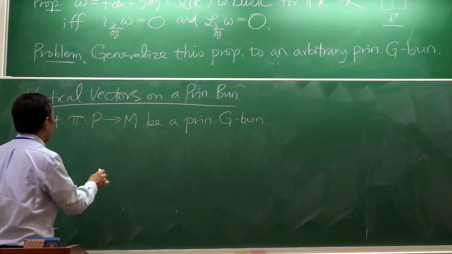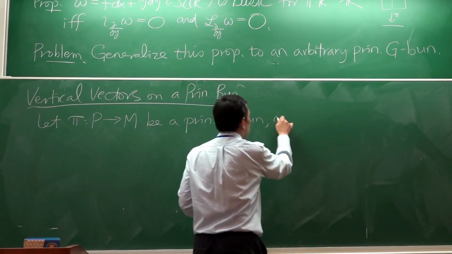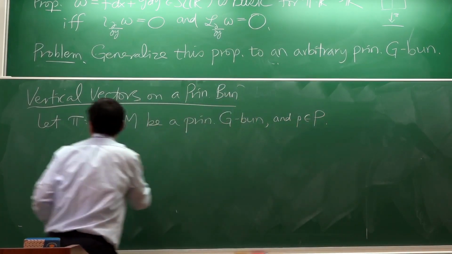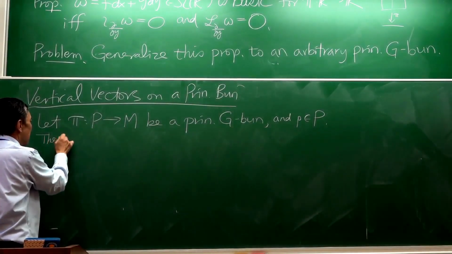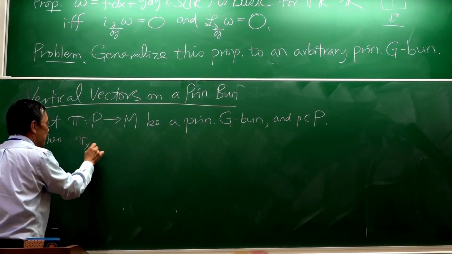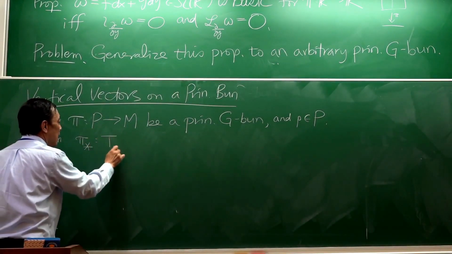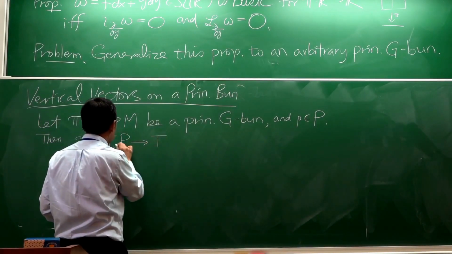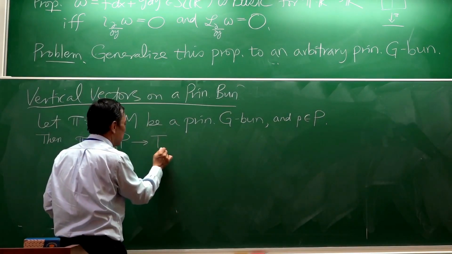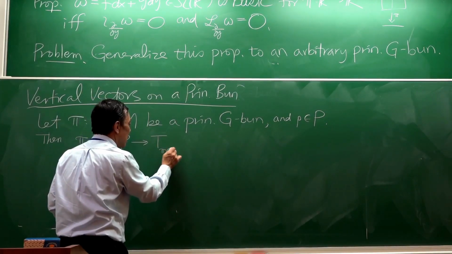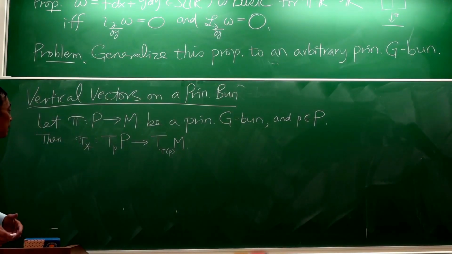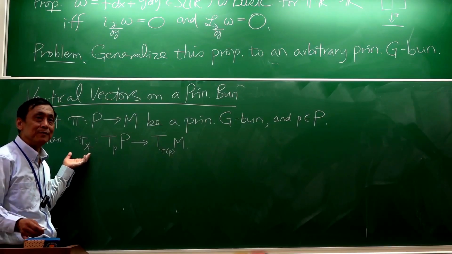And P is a point in P. Then the differential at P maps the tangent space at P to the tangent space at pi of P. And the vertical vectors are the kernel of this map.